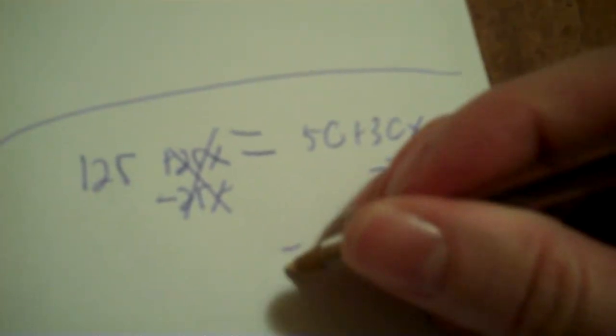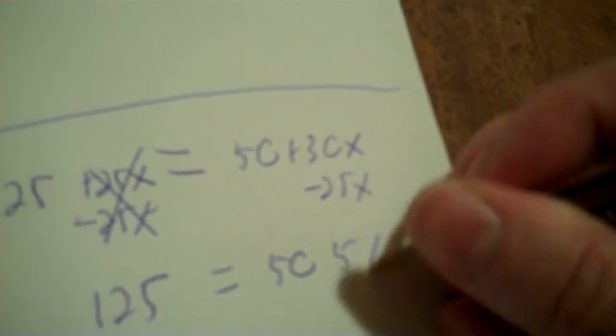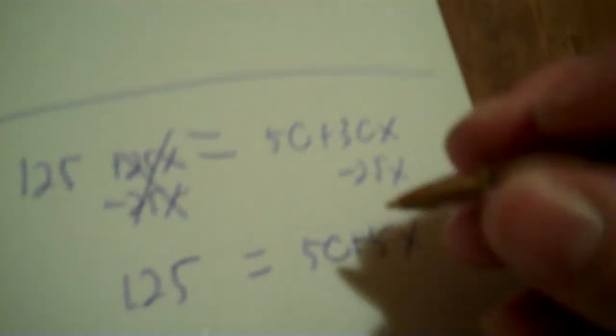Okay, so let's get the x's on one side. You can take out either one you want. It's going to be 5x. Now get the constants to the other side. So minus 50, minus 50. The variable term is 5x, the constant is 75.